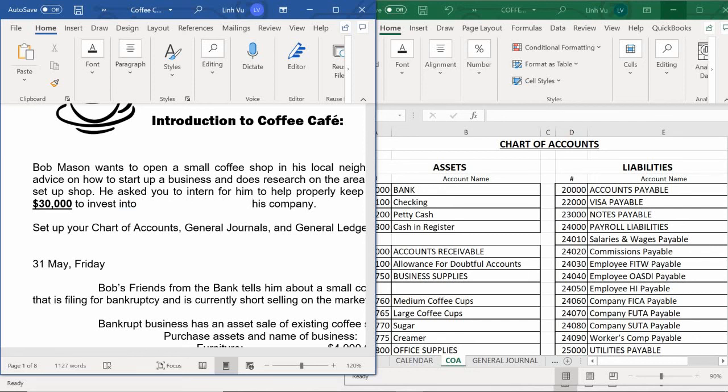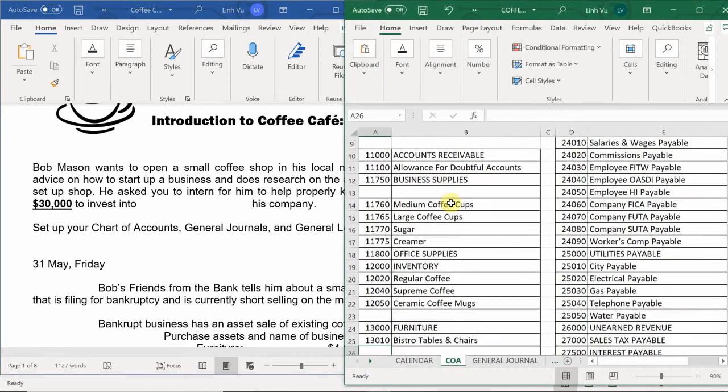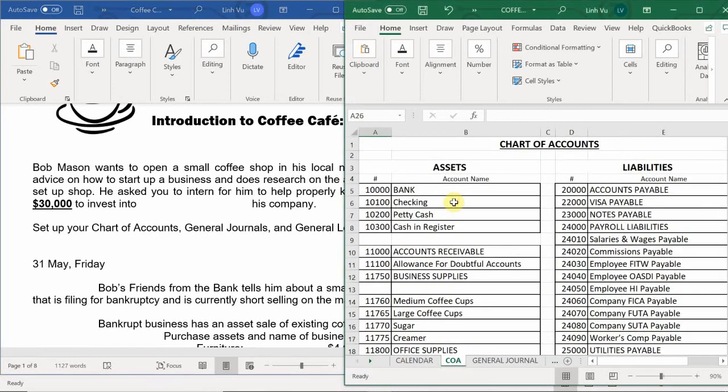So once again, when we take a look at your chart of accounts, this is going to be a list of everything that you will need for this class, okay? So again, we're going to be buying a bunch of assets. We're going to have things like a checking account, right?